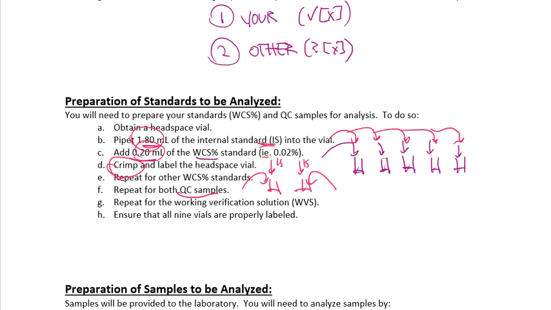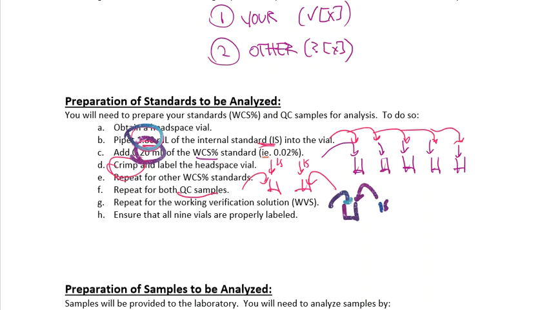And then finally, you're going to repeat it for the working verification solution. So you're going to take another vial, you're going to put 0.2 mLs of the working verification into that vial, and then you're going to put the 1.2 or however many mLs of the internal standard it was that goes into that one as well.